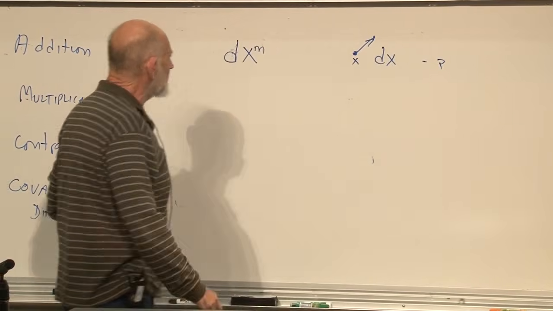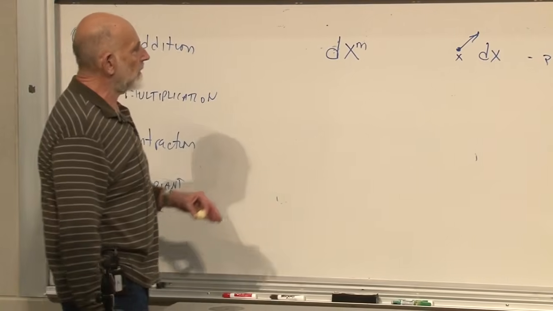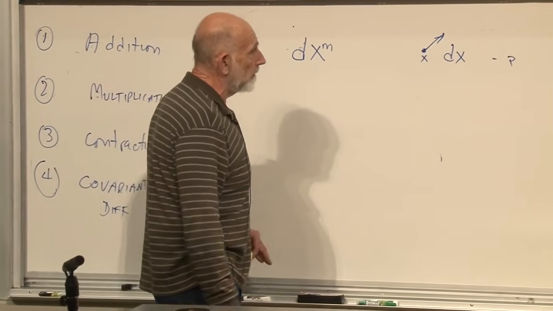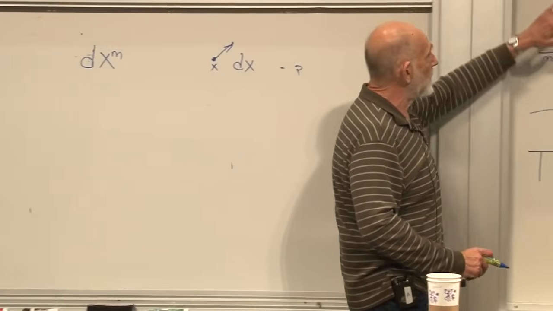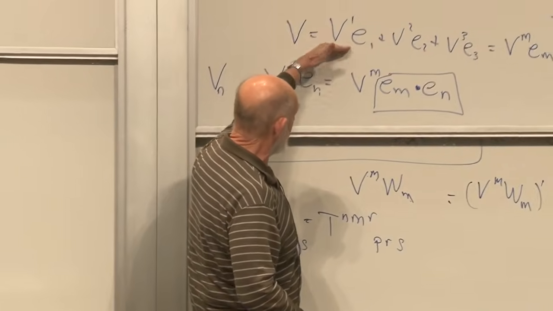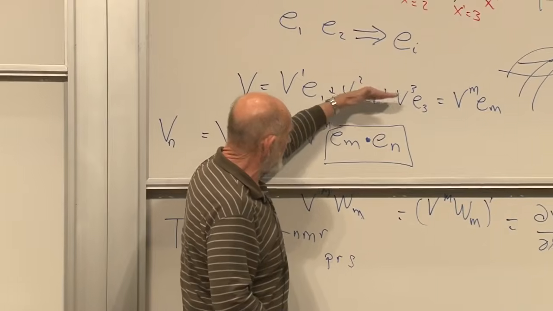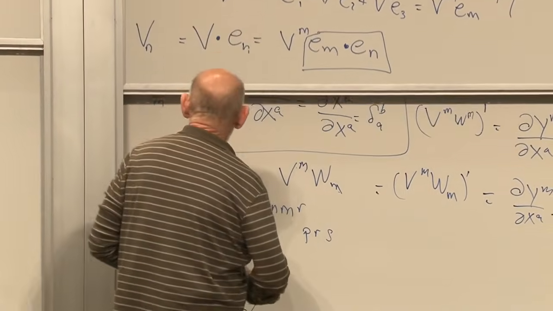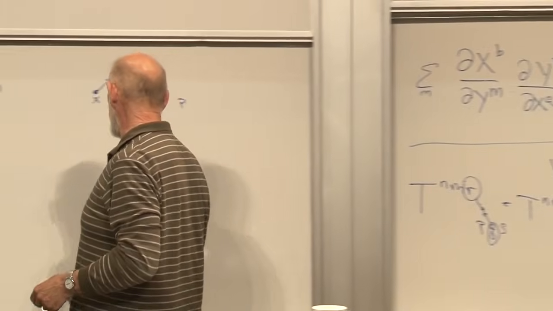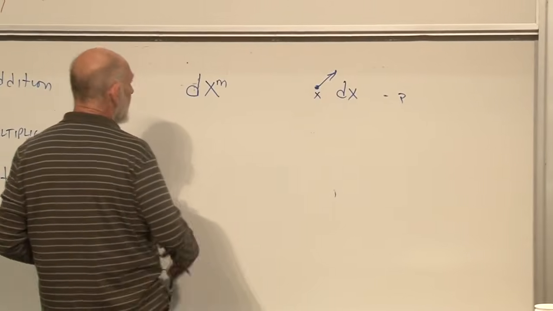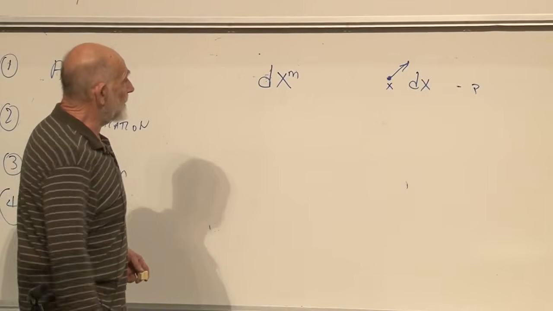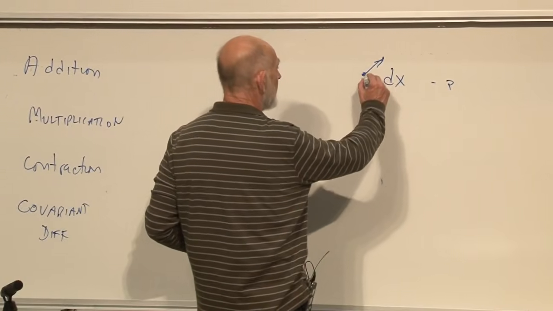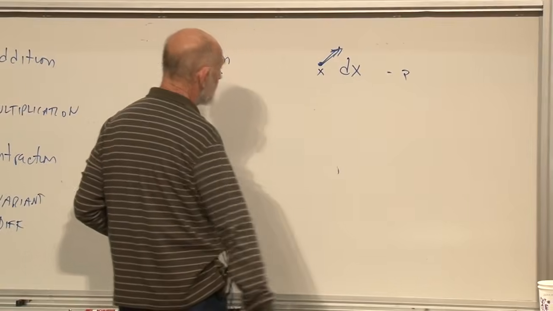It has components, contravariant components dx^m. The contravariant components, if you want to remember what they mean geometrically, what they mean is these expansion coefficients in terms of some basis vectors. But it's easier once you get the hang of it just to proceed with the notation. dx^m is the contravariant components of a little displacement vector.